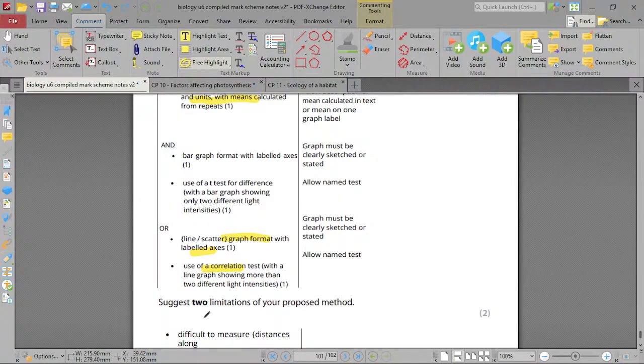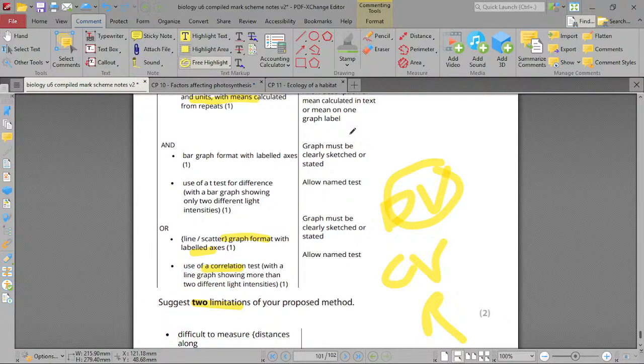So two limitations. Limitations for, remember, CV, DV, and R. So dependent variable, why can't we control it? Because some of the O2 produced may dissolve, and it's hard to collect small amounts of gas produced.